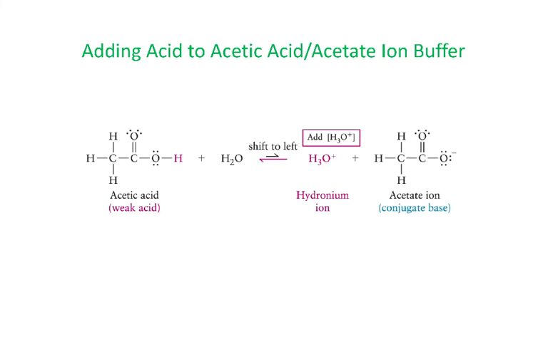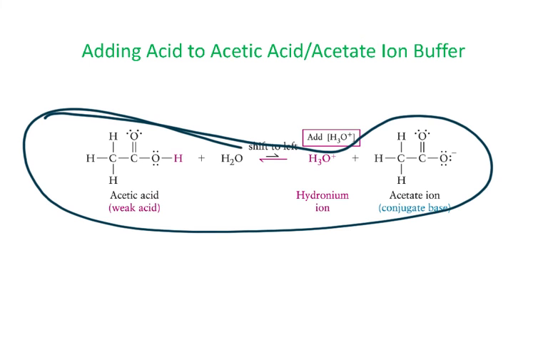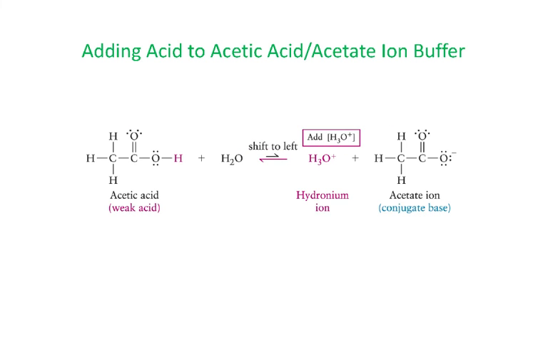If we add acid to this buffer, all of these chemical species are there at equilibrium, but if we add H3O plus, it's going to shift the equilibrium to the left to minimize the amount of H3O plus.